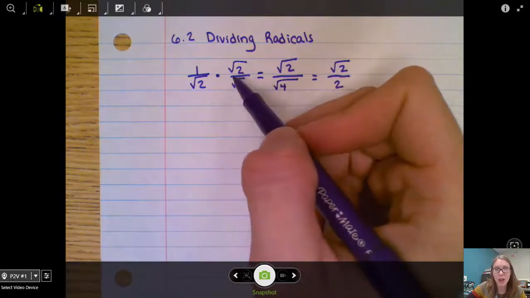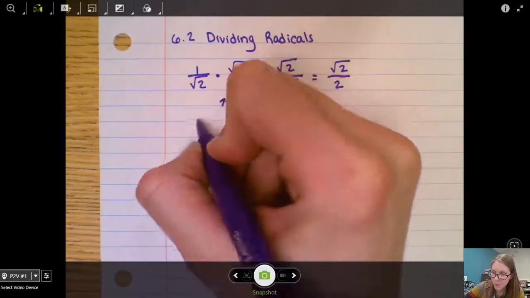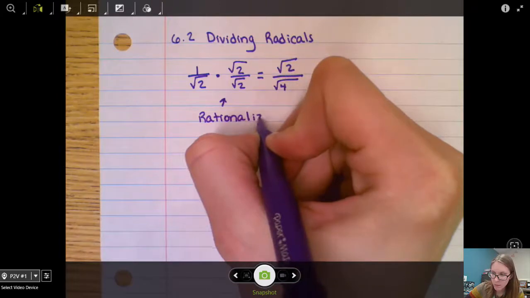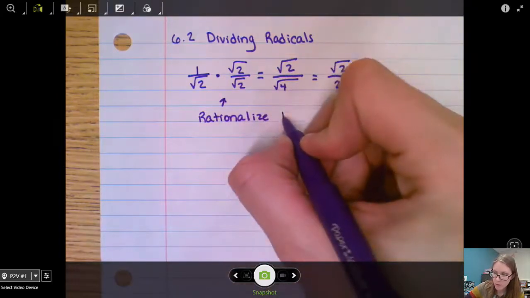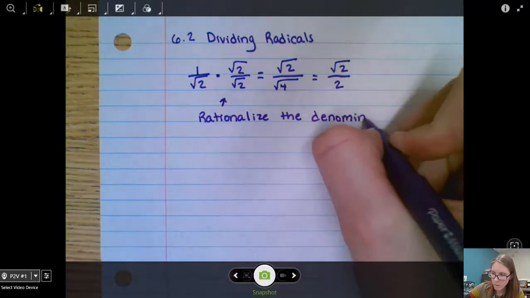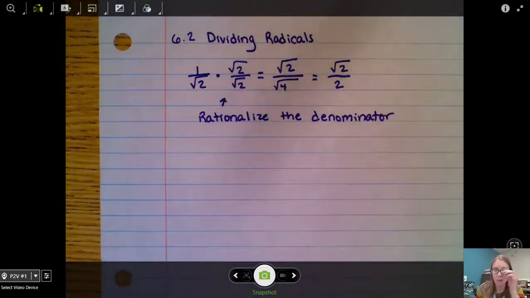This process is called rationalizing the denominator. Okay, so rationalizing the denominator is that process of multiplying by something to get rid of the radical in the denominator.